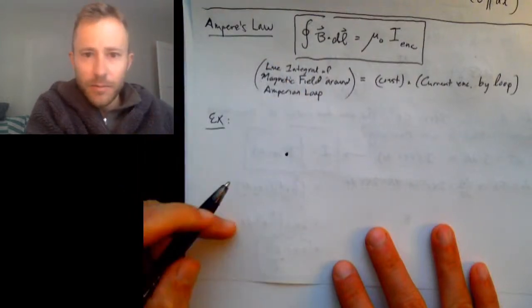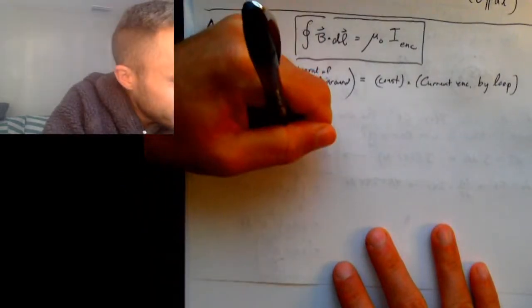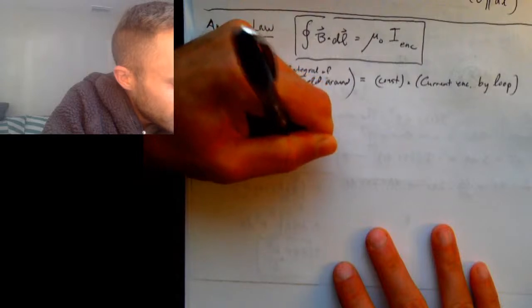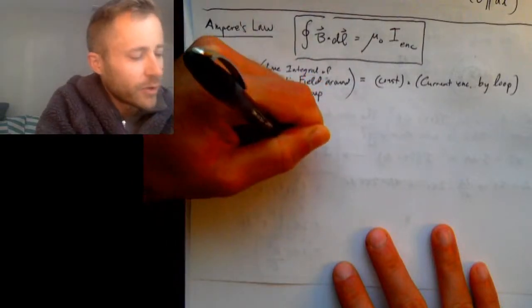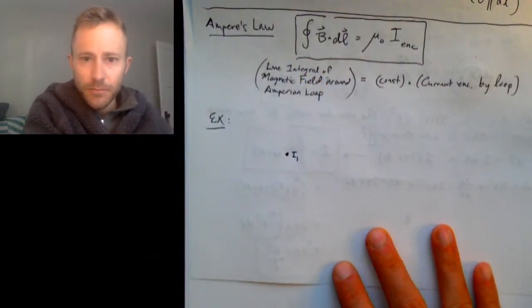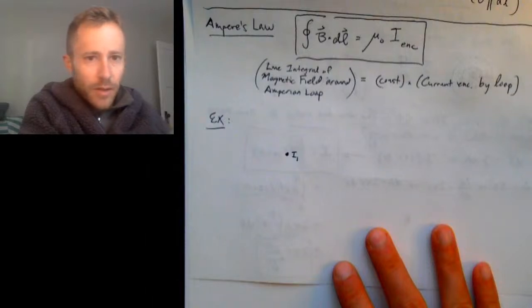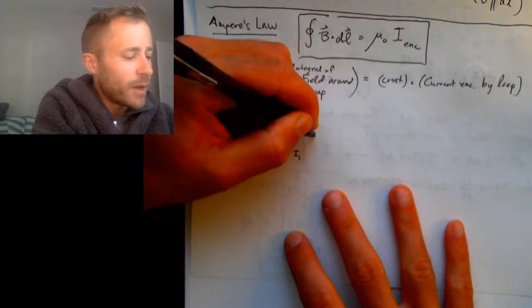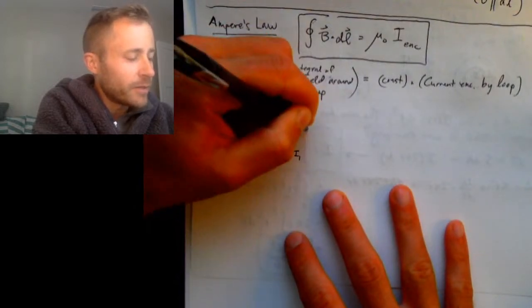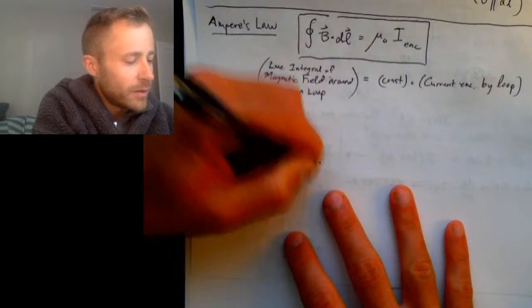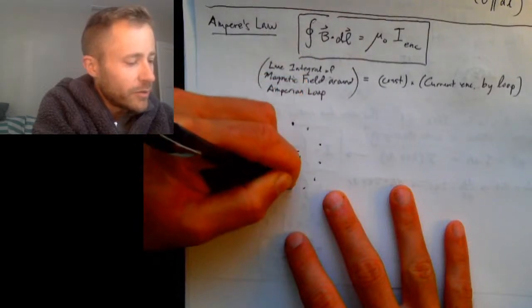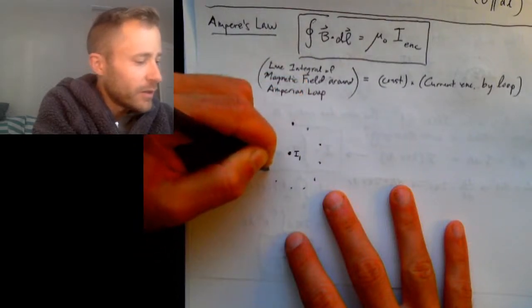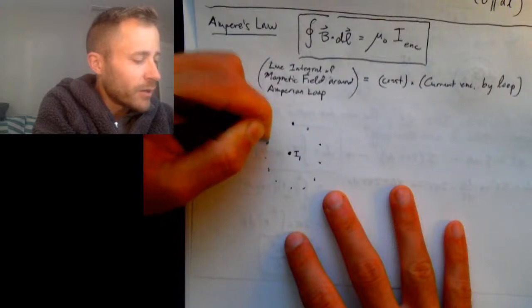We've got a current I1, all right, that is going out of the page. And then that current is surrounded by another out of the page current that is making like a ring around it.